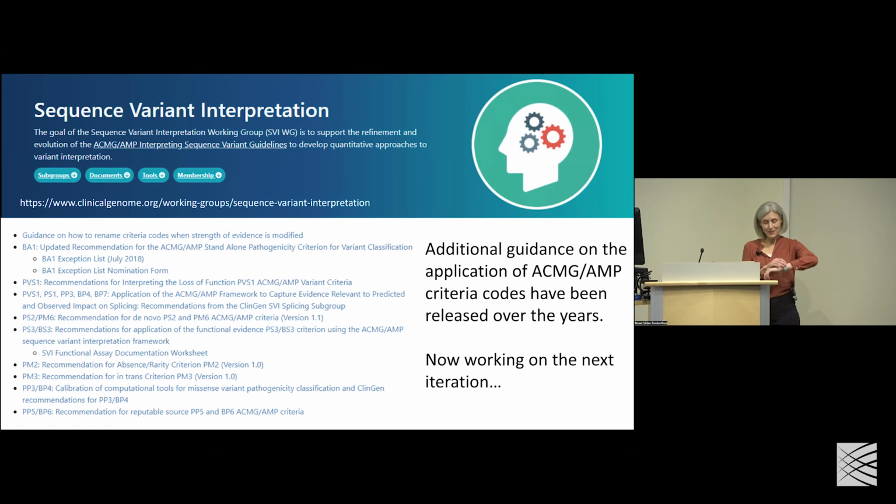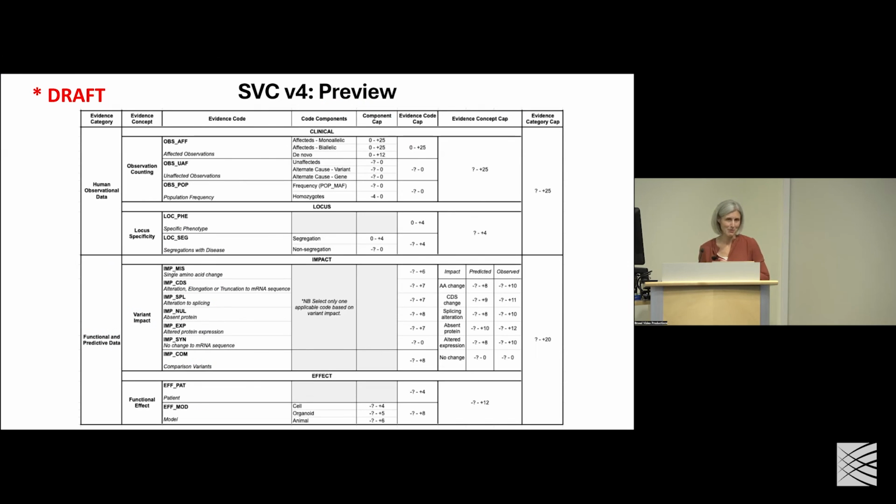And having spent all of this time telling you about the 2015 guideline criteria, I will tell you that the SVI is now working on the next iteration of sequence variant interpretation, which is going to change things up a bit. So don't try to memorize PVS1, PM2, because all of those code names are going away in this next iteration, still in development. This is definitely not final, but the codes are going to be renamed based on the type of evidence that they reflect.